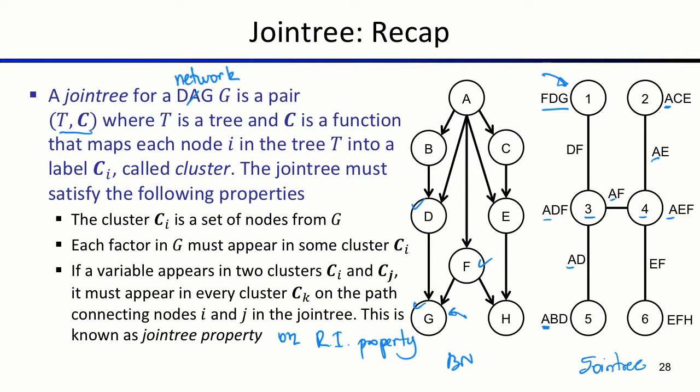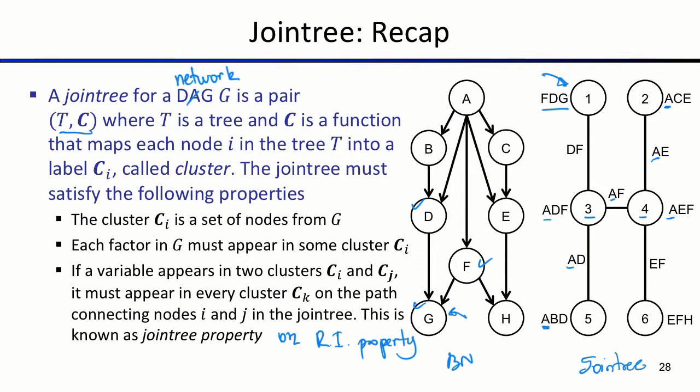So a relevant question is, why do we need this joint tree or running intersection property? And the reason is actually very simple. We cannot eliminate that variable A if we do that, because we may have other factors that mention A that are not part of the elimination process, and that's going to be wrong, right? So we know that in order to eliminate a variable, we need to multiply first all the factors that mention that variable.